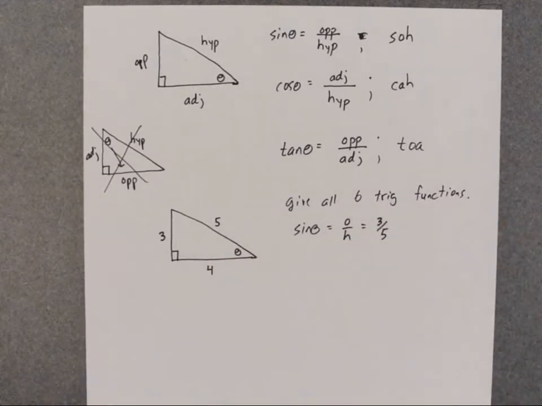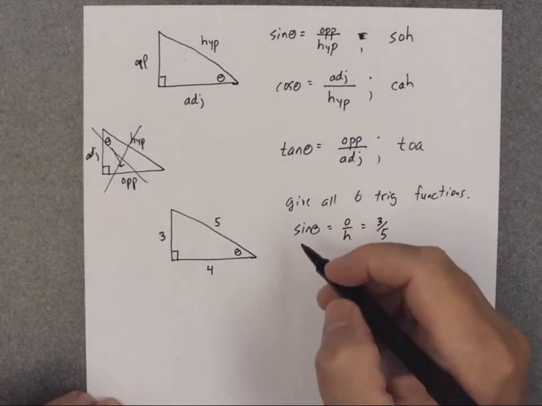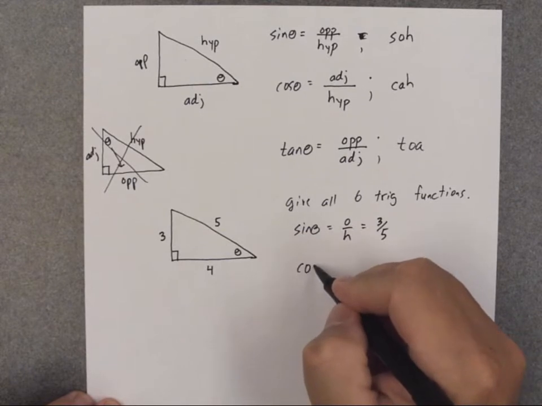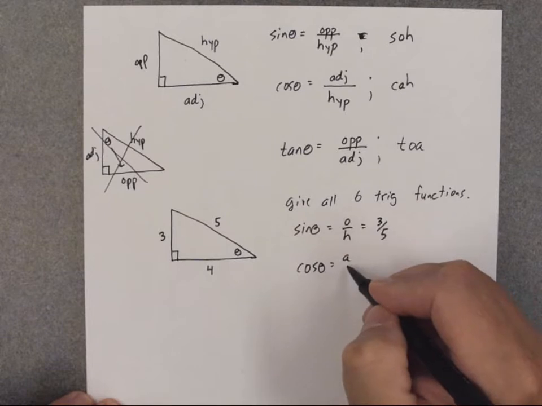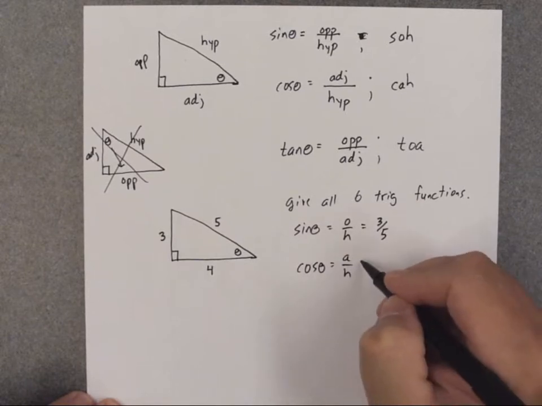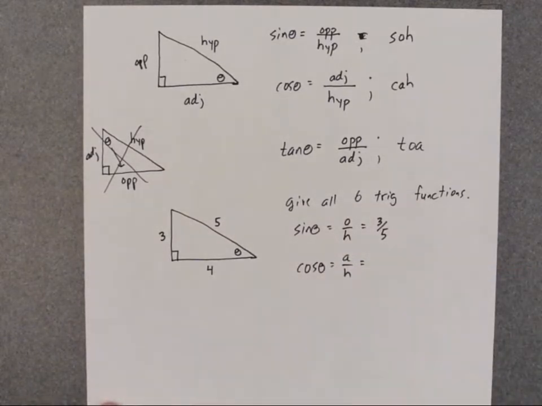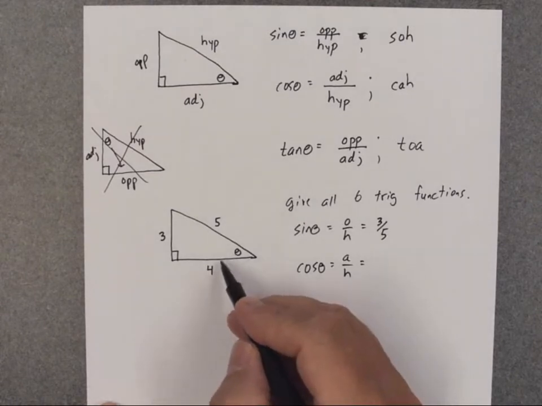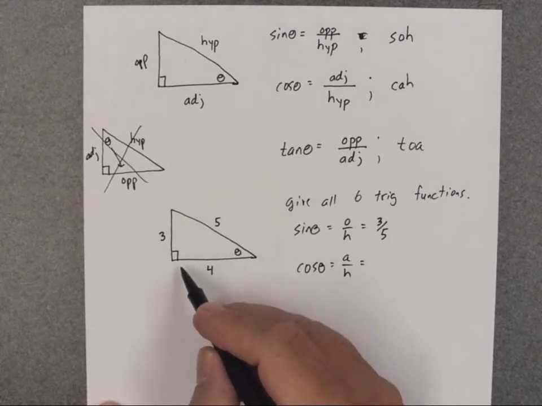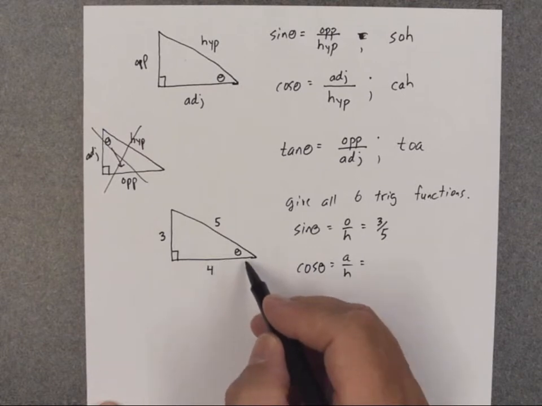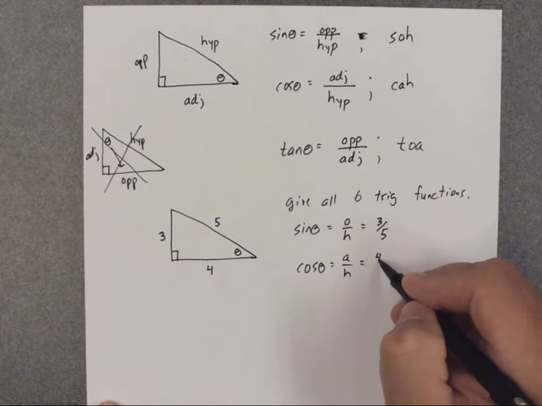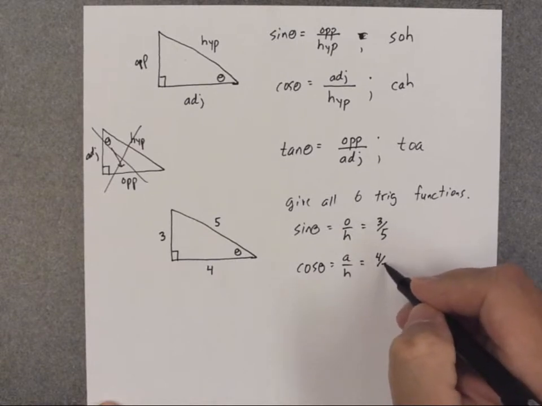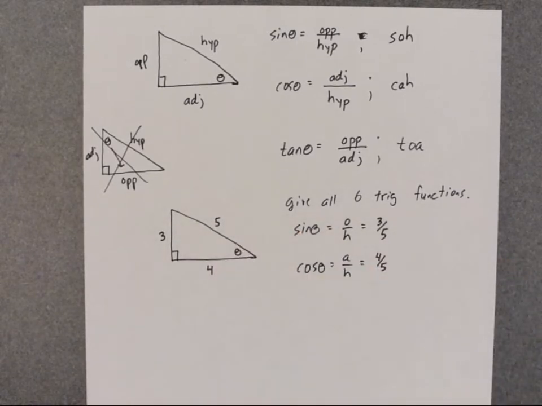So we can say the sine of theta is 3/5. Cosine, SOH CAH TOA. CAH means adjacent over hypotenuse. So if I go back to my triangle, here's my angle theta. Adjacent is the side that actually touches or helps to make up the angle theta. So adjacent is 4, and the hypotenuse, once again, is 5.